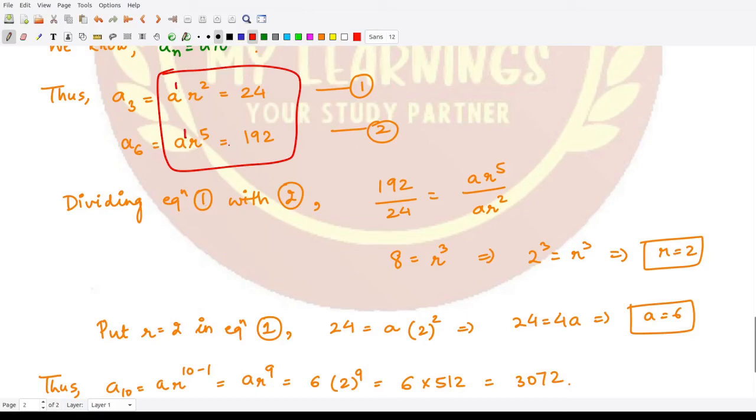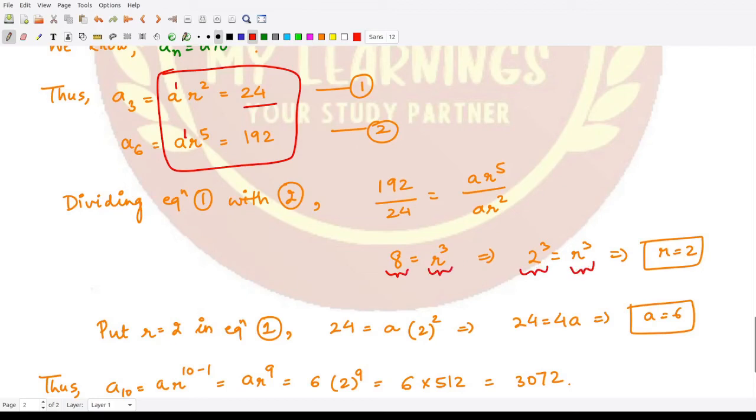So when you divide equation 2 by equation 1, we would have 192 divided by 24 and AR raised to power 5 divided by AR raised to power 2, right? Now you see this 24 and 192 divide each other by 8, right? So you have 8 here, and here A and A cancel, the powers subtract, 5 minus 2 is 3. So we have R cube here. So you can write 8 as 2 cube, R cube is as such.